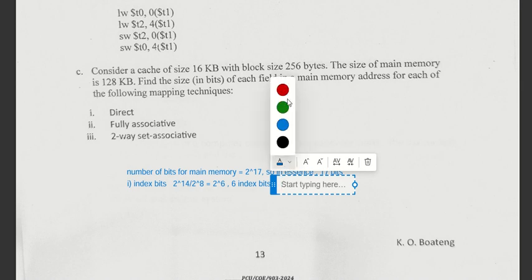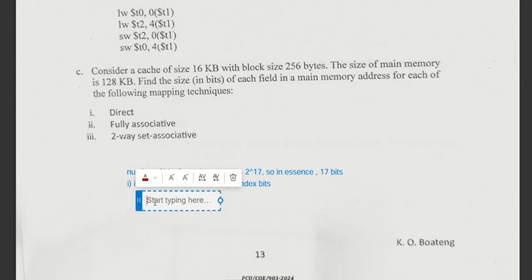Now, when we consider the tag bits for direct mapping, we have to do 17 minus the number of index bits, which is 6, plus the byte offset. Here we have 256 bytes, so we need a total of 8 bits for the offset. So 6 plus 8 is 14.